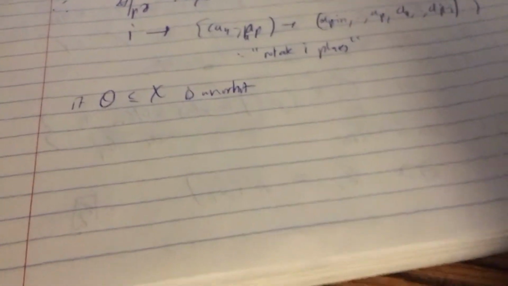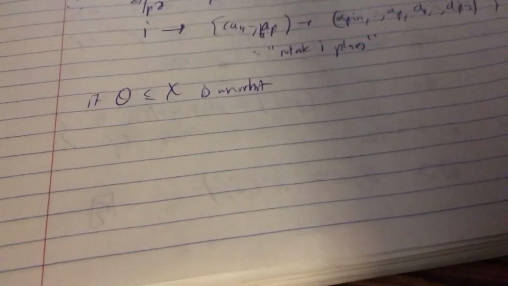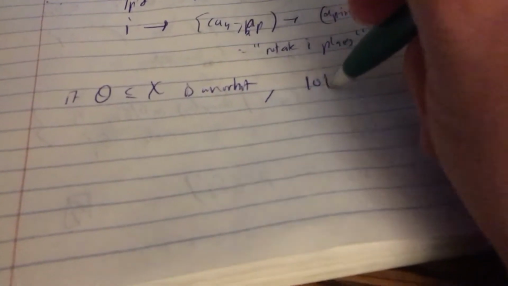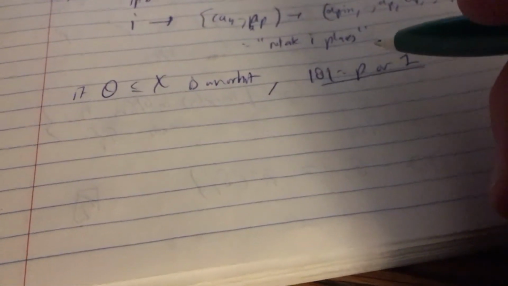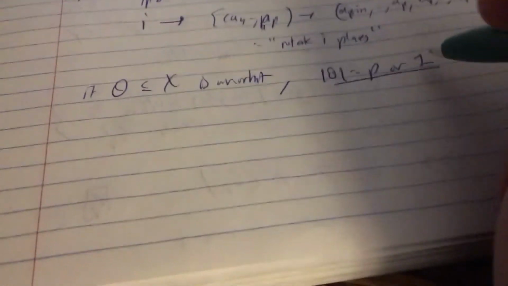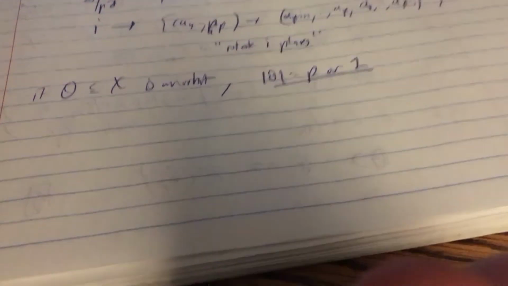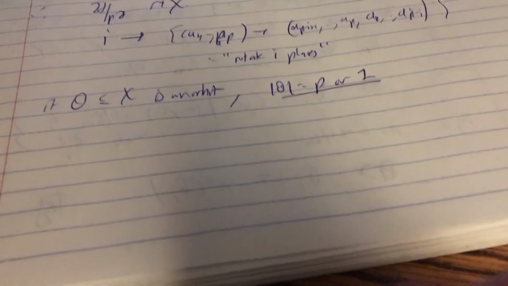If O in X is an orbit, the orbit is the quotient of the group, G mod the stabilizer, and the size of O is either P or 1, because this is Z mod P. So either the stabilizer is 0 and you're of size P, or the stabilizer is the whole thing and you're of size 1. Those are the only numbers that divide P, so that has to be true.